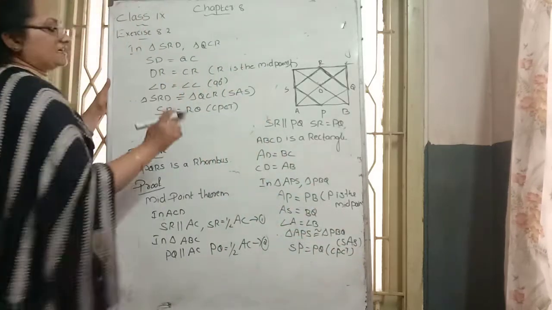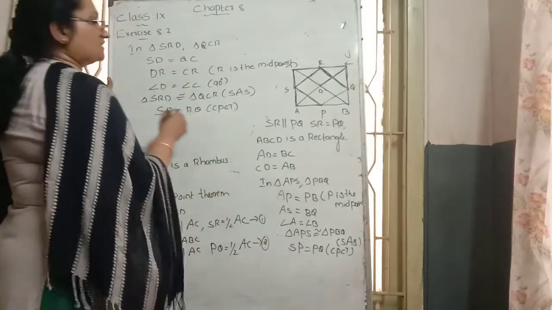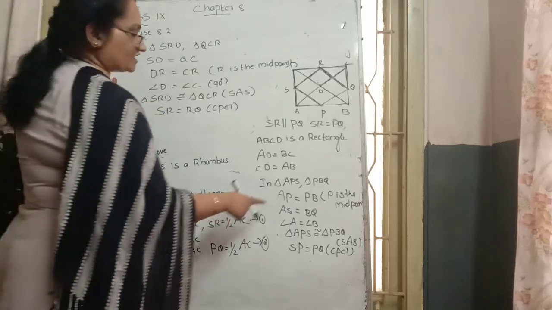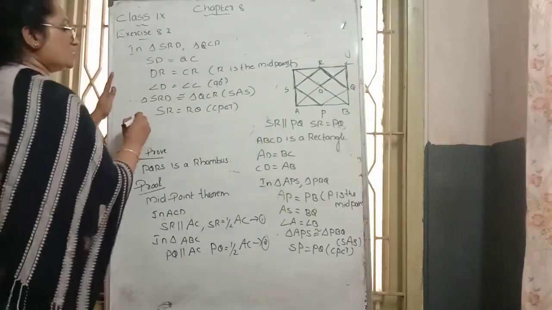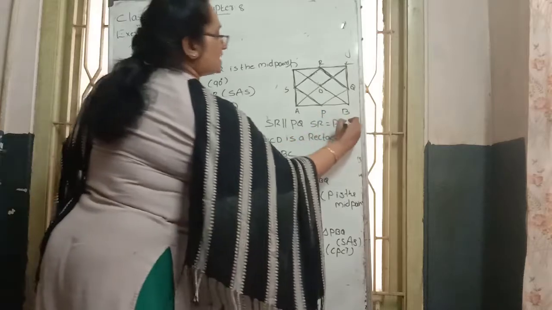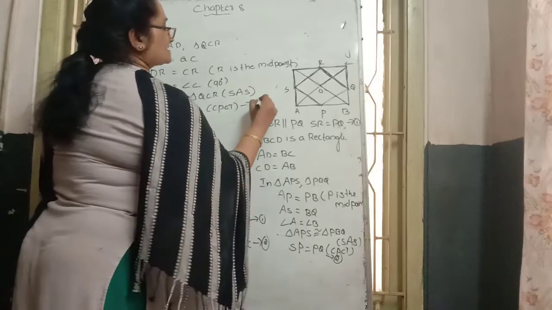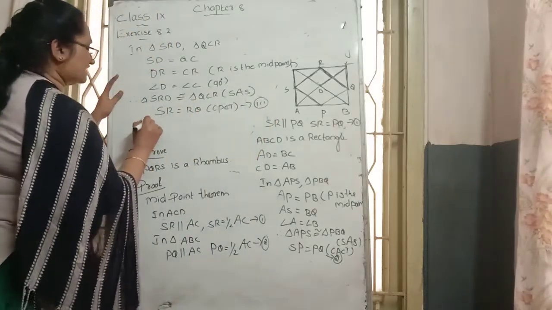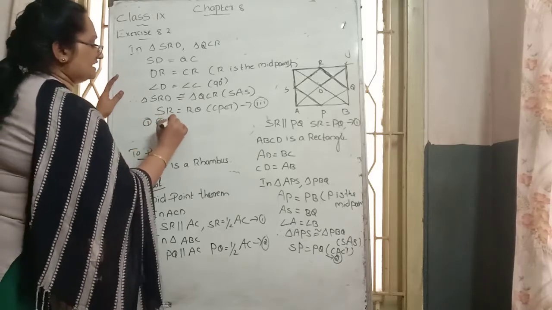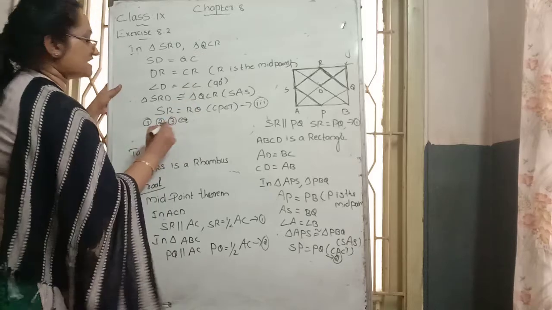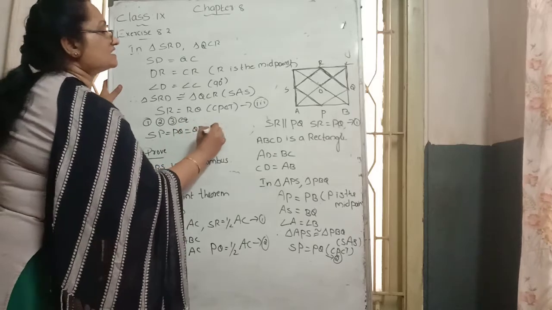Then mark the first as equation 1, the second as equation 2, and the third as equation 3. From these three equations we can conclude that all sides are equal: SP equal to PQ, equal to QR, equal to SR.